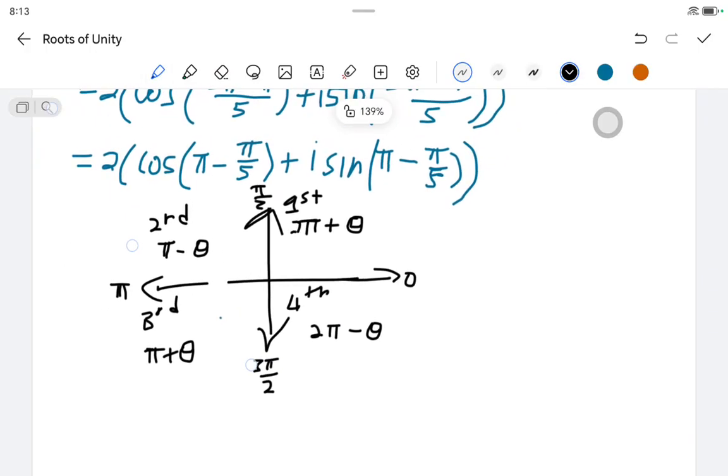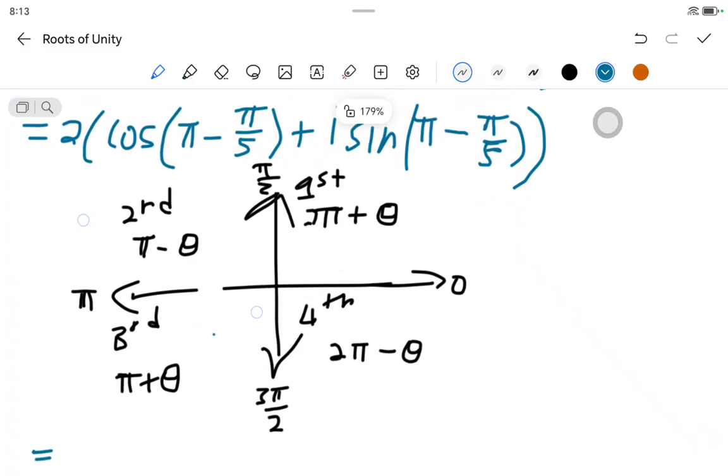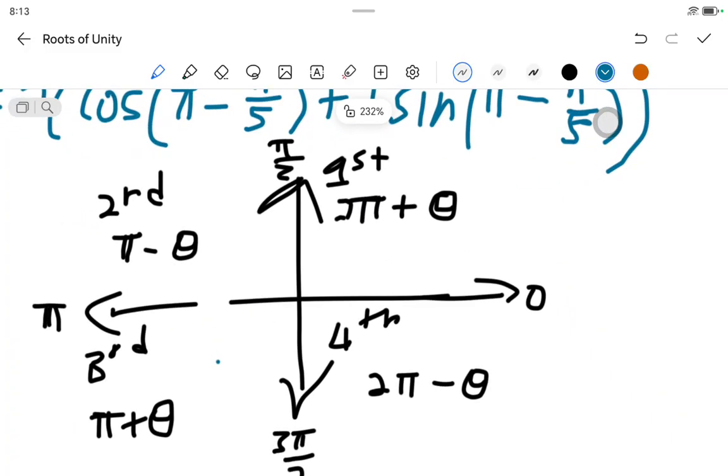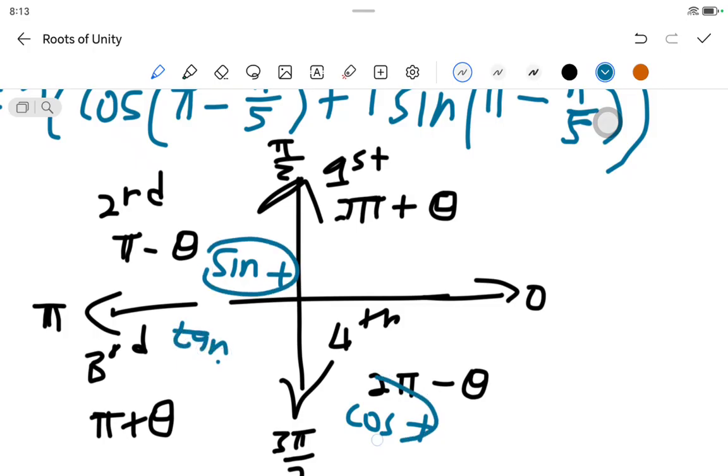So we check this one. This one is pi minus theta, meaning that it's here, in the second quadrant. And in the second quadrant, sine is positive. Here cos is positive. Here tan, this divided by this, we get a tan, tan is positive.